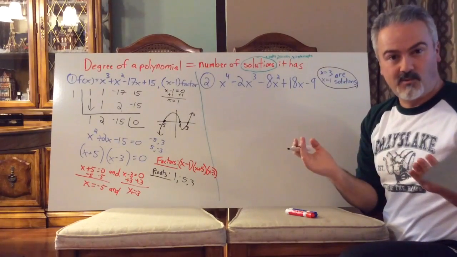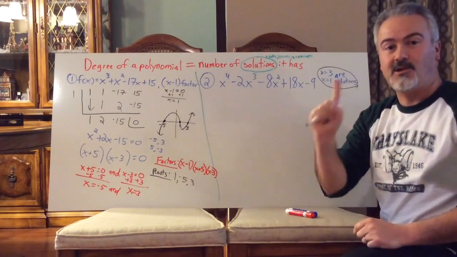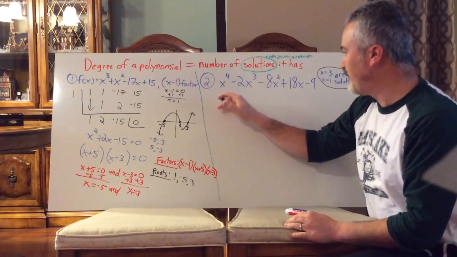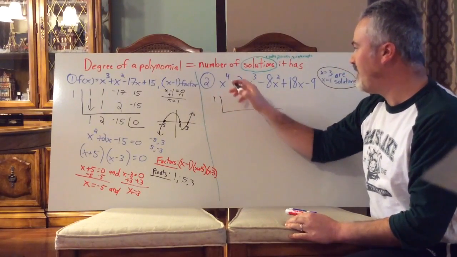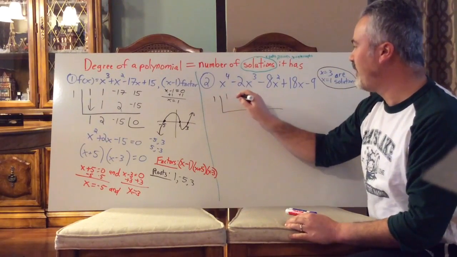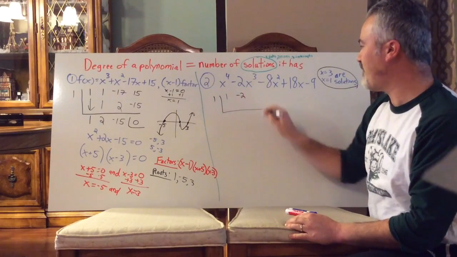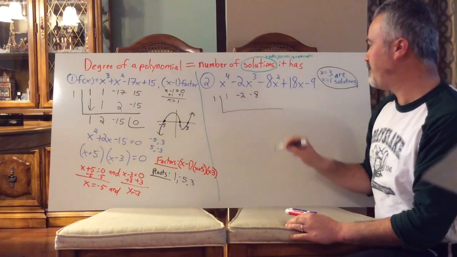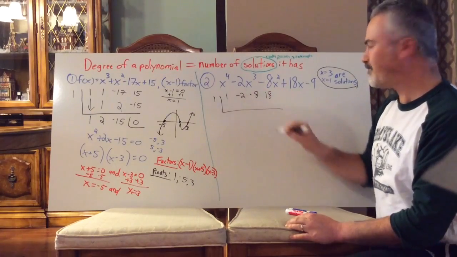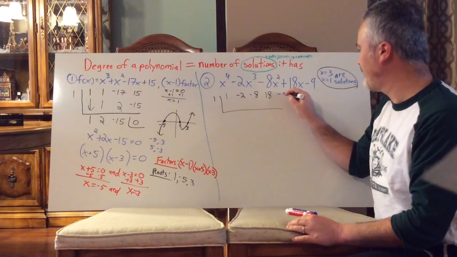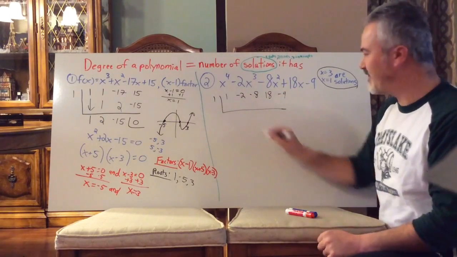We have a choice of which one we want to do first. It doesn't really matter. I'm going to start with positive 1. So I am going to put the 1 there, and then we have 1x to the 4th minus 2x to the 3rd minus 8x squared plus 18x minus 9. Okay, let's synthetic divide.